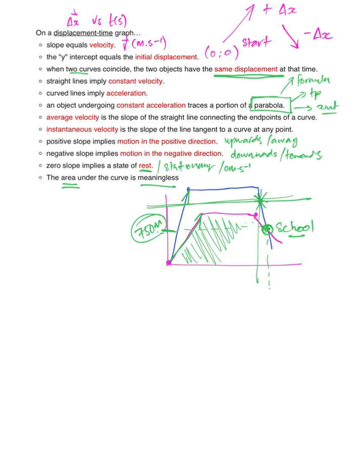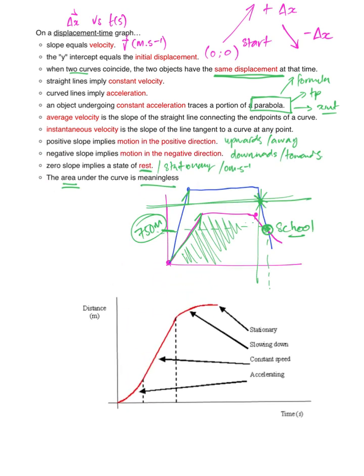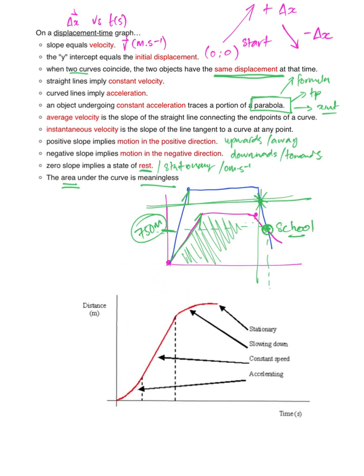Another way that we can look at this kind of graph is if I look at it like this. You can add this to your notes as well, for distance time graphs.